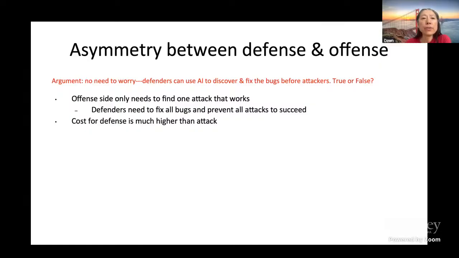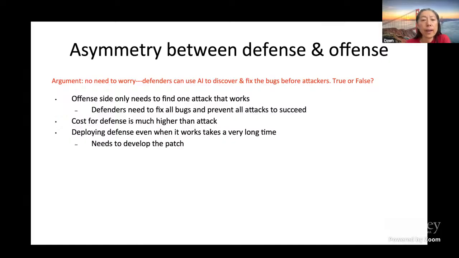And there are also other asymmetries, other reasons why AI may give attackers more advantage than defenders. For example, the cost of defense oftentimes can be much higher than attacks. Deploying defense, even when it works, can take a very long time.